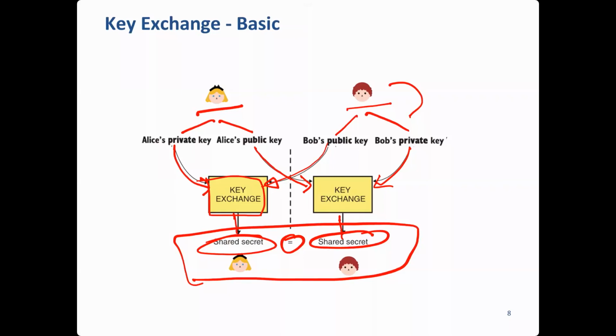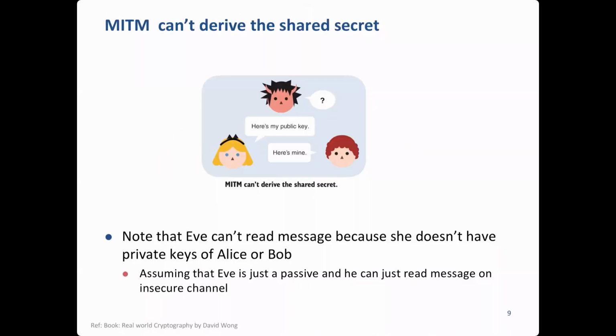I will come up with the mechanism. Now, in between, Mallory is there, and Mallory can see the public keys of Alice as well as Bob, and she can't do anything. She can't generate the shared secret because she does not have the corresponding private key of either Alice or Bob.